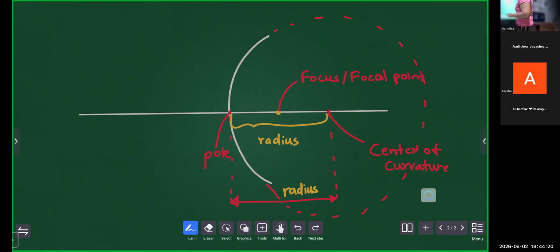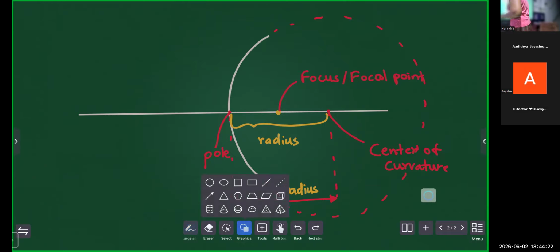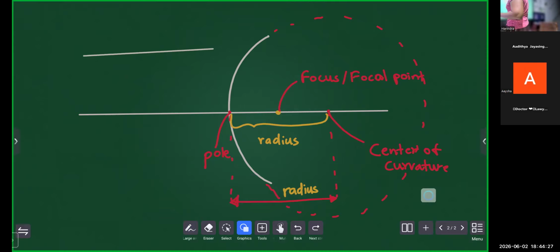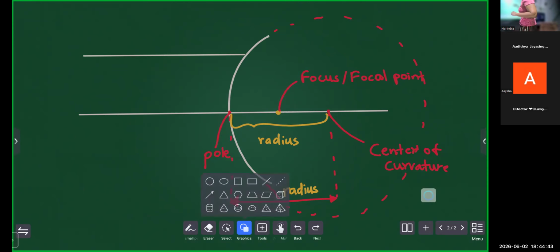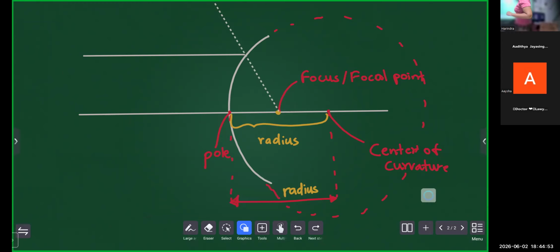Now, let me draw the rays. I draw a ray like this, see. It comes like this, hits the mirror, and then diverges again. It will diverge as it goes out. We are looking at where the focus is formed from. Do you know how? We have to draw another dotted line from the focal point to this point, and we can extend it like this.